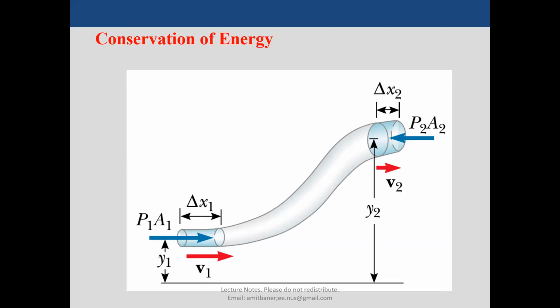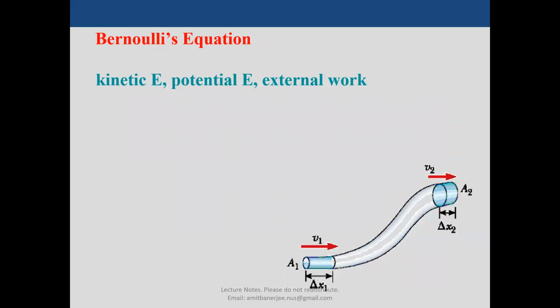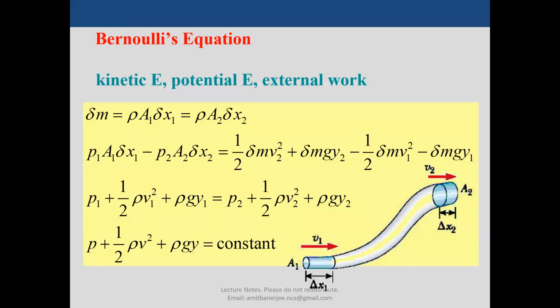As we understand, because of the conservation of energy, for steady and incompressible liquid, non-viscous, irrotational, because of Bernoulli's equation, the kinetic energy, potential energy, and the external work all need to be accounted together. And that gives you the final result, which is P plus half rho V square plus rho Gy is constant, whether it's the point on either side.